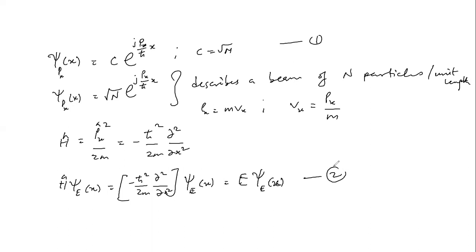Now, what will happen if we plug in equation 1, for instance, into 2? Okay? Now, if we do that, it will show that it is also an eigenfunction of the Hamiltonian. Okay? So, therefore, we now see, let's put this, that psi_E of x is the same as square root of n e^{j p_x x / h cross}.